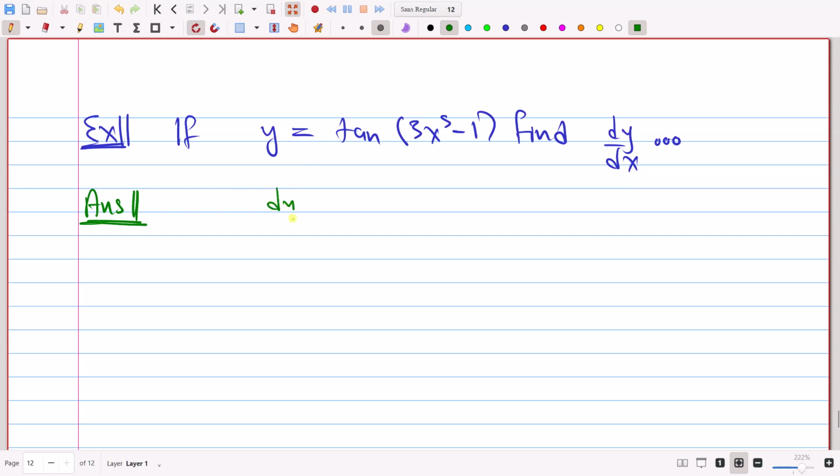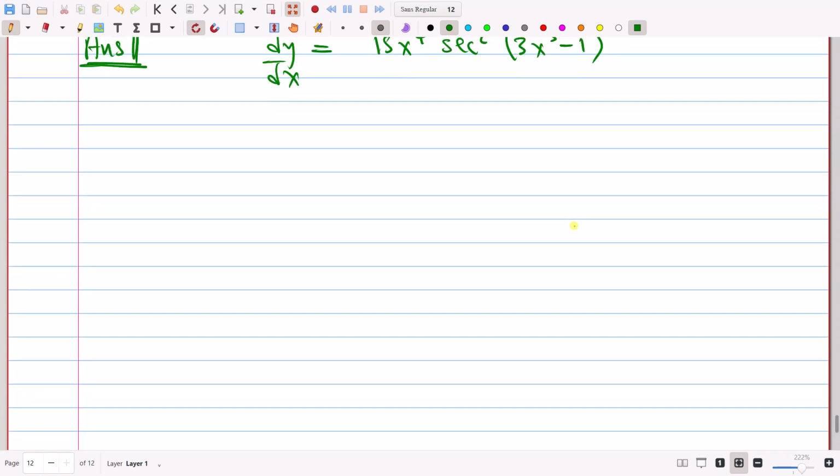Already we know that the derivative of tan is sec squared, but now we're going to apply the same procedure as for the sine function. First you differentiate the argument. What do we get? We get 15x^4. Then you differentiate tan, which gives you sec squared of 3x^5 minus 1, like that. So that's the derivative of tan.